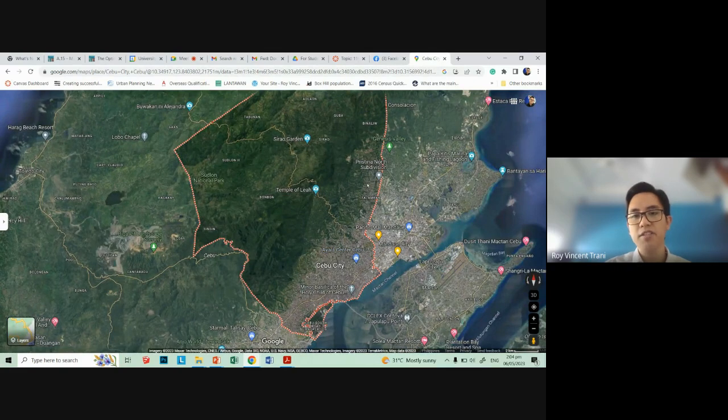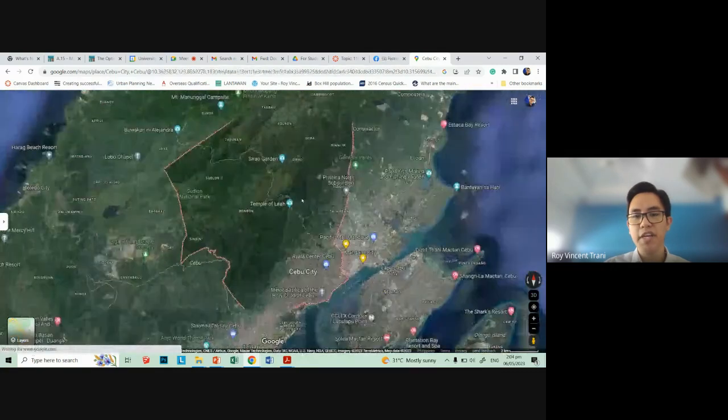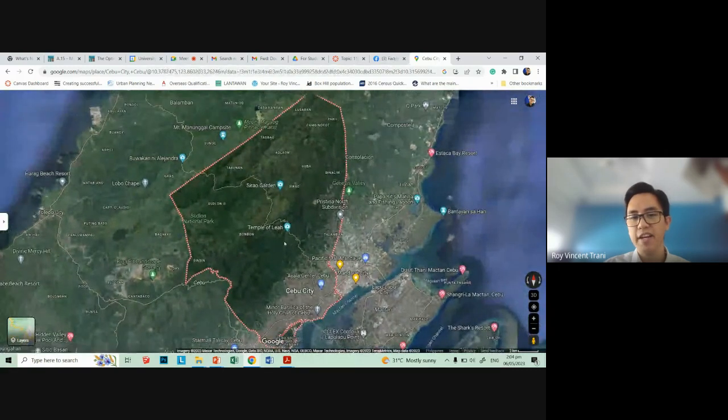So these kinds of residential developments will most likely still be in demand 10 years, 20 years, maybe even 50 years down the line, but they use up a lot of land. So the danger here is that they start building into our protected areas in the northwestern side of Cebu.